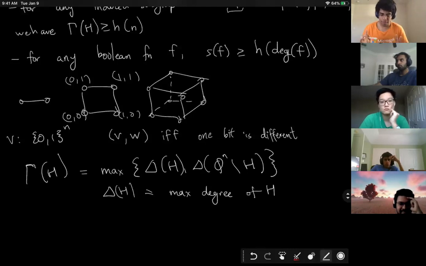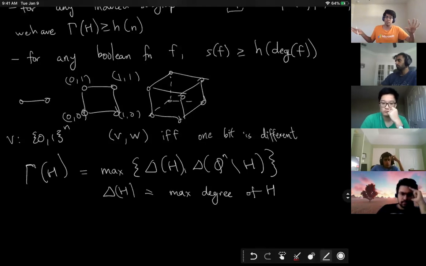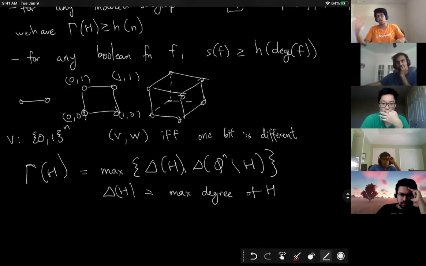You have some subset of vertices h, you look at the max degree of that, and then you look at all the other vertices and the induced graph on that, and you look at the max degree of that, and you take the max of these two things. So you take the one graph and the other graph, and you look at the maximum of the two max degrees, and that's gamma of h.